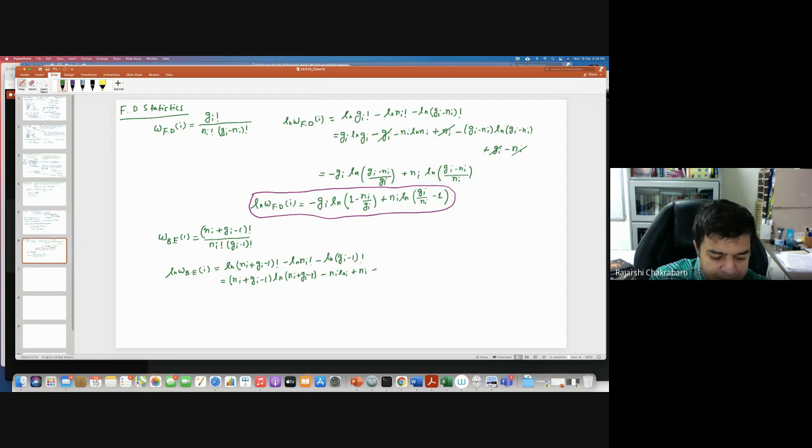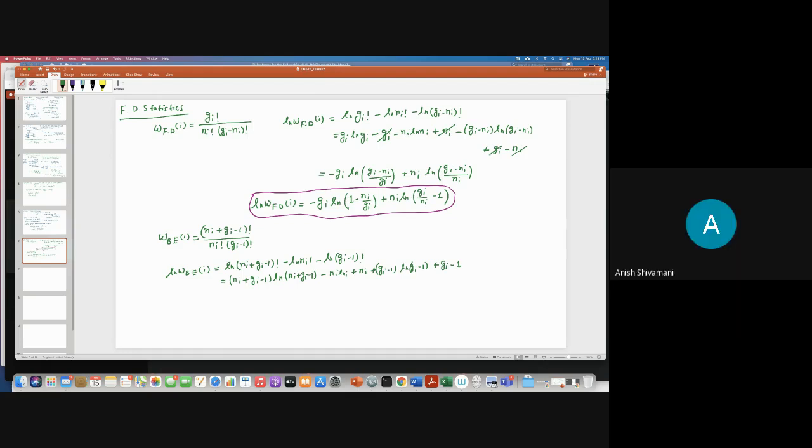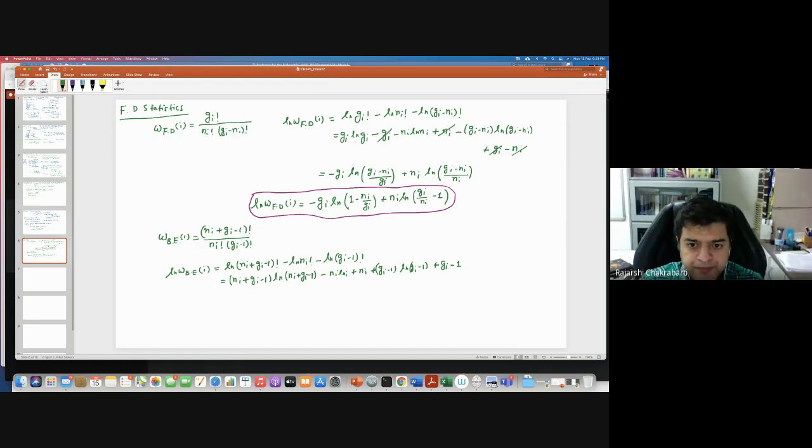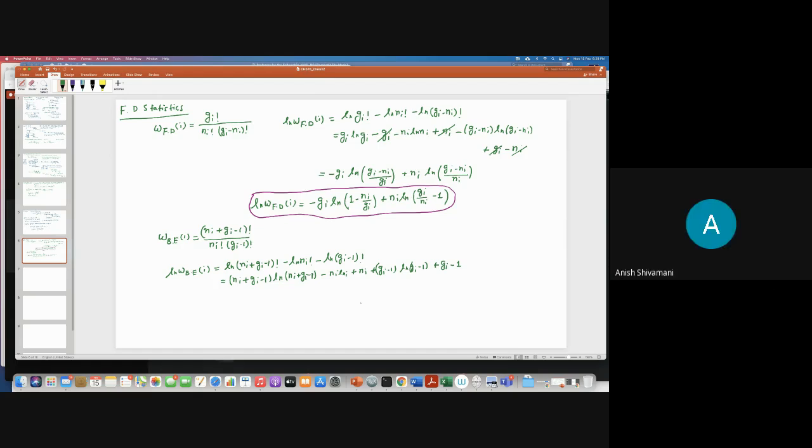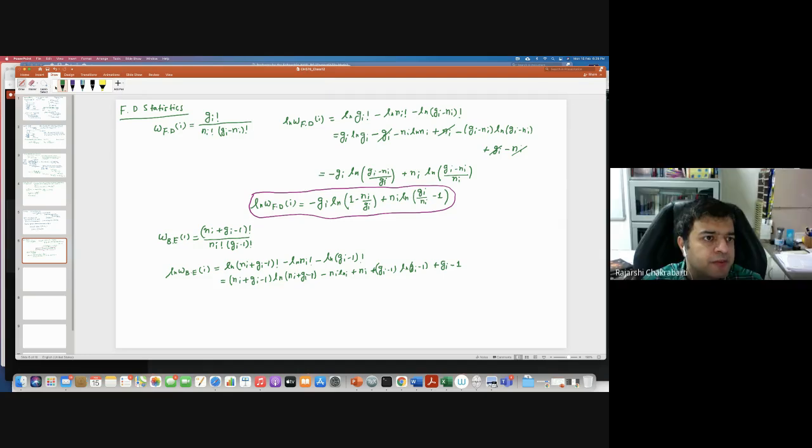Is this fine? Next term is, is this clear up to this? This should be fine, no? If I have not done anything wrong with the sign, I hope I have not. And that will be a minus (g_i minus 1) ln (g_i minus 1). Which one? This, the second term from the right, the second last one. Yeah, it is minus, no?